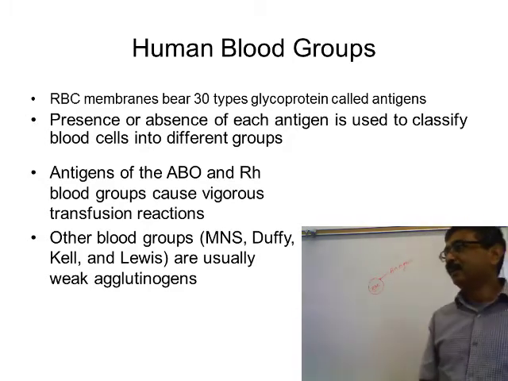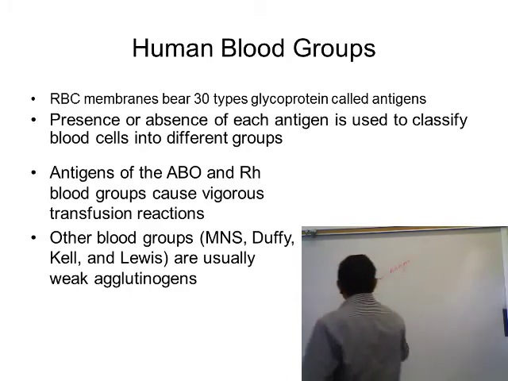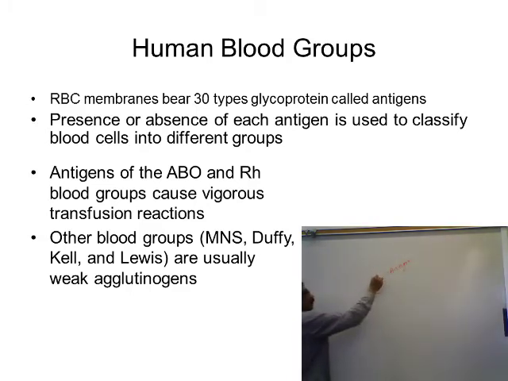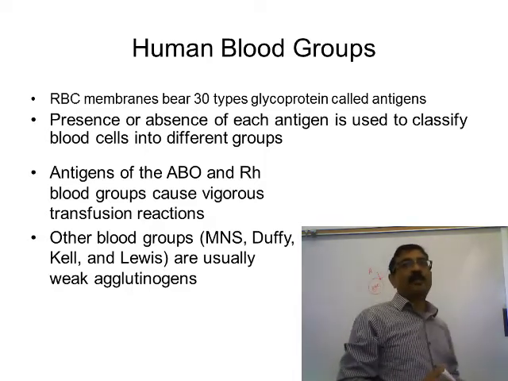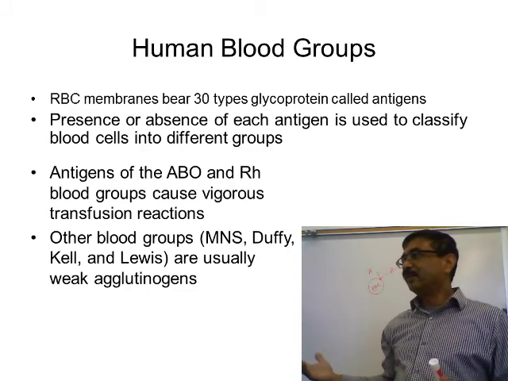Okay. So, if someone has antigen A on the surface, the blood type is A. Very simple, right?